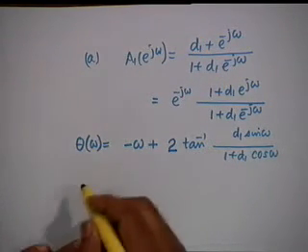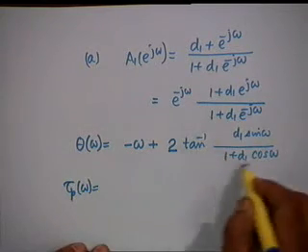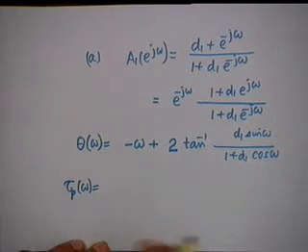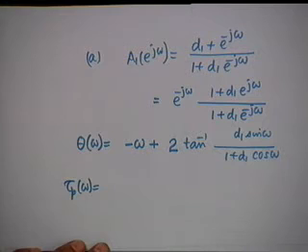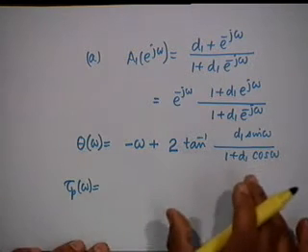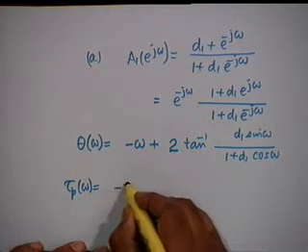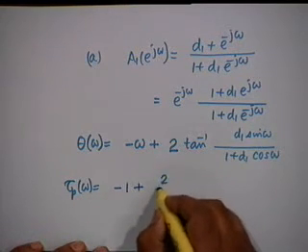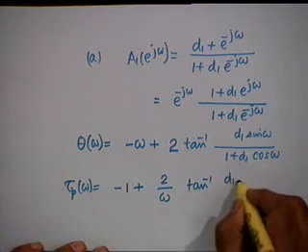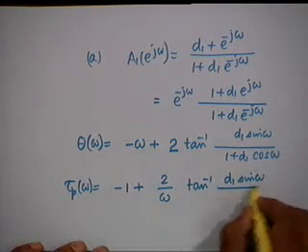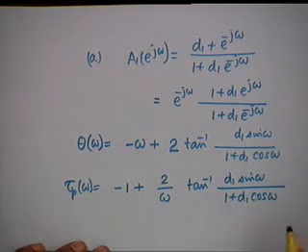All right, and therefore tau sub p of omega, this is a trick that we always exercise in the case of all pass functions. We take out the linear phase term first and then we write the tan inverse function. It becomes twice of that. So tau_p(omega) is minus 1, you divide by omega, 2 by omega tan inverse of d1 sin omega divided by 1 plus d1 cosine omega.